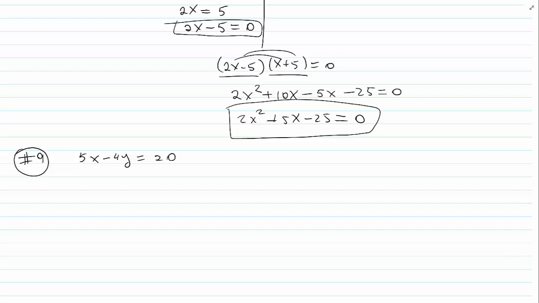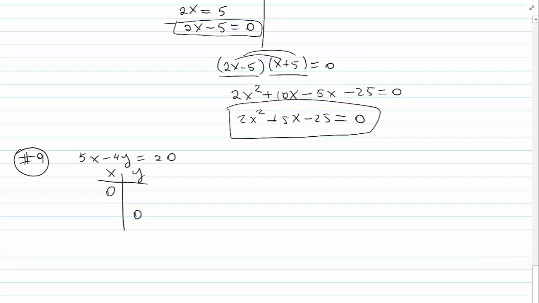This question in particular is asking you to find the intercepts and graph. The intercepts should be straightforward. You've got the x and the y. First is the y-intercept: you make x equal to 0. And then for the x-intercept, make y equal to 0.